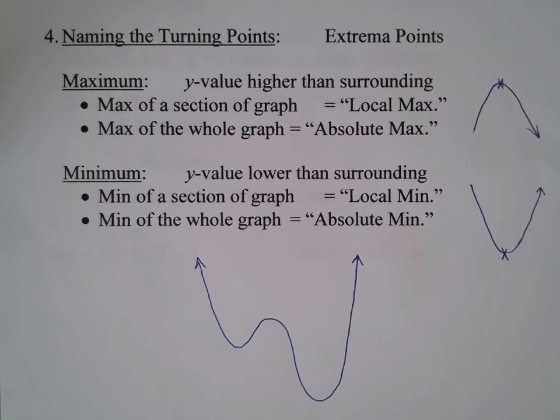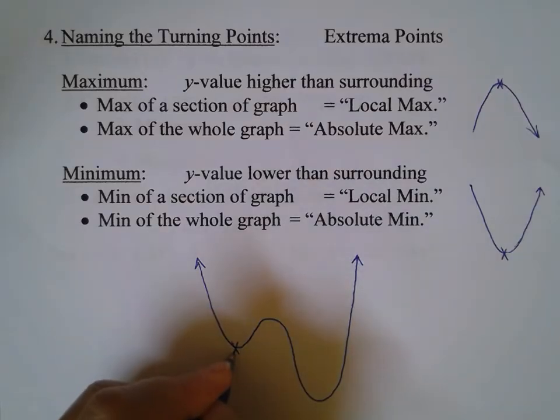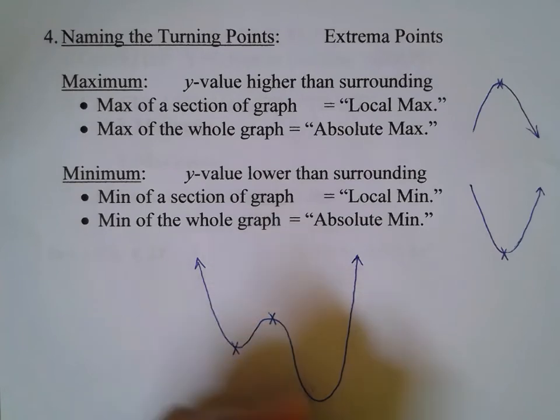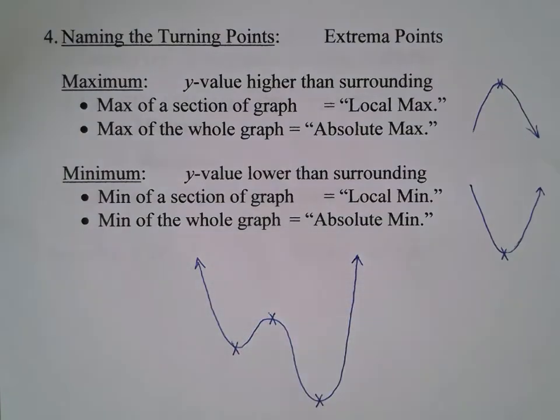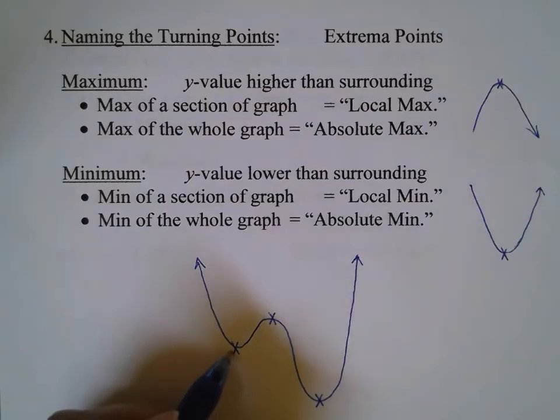Can you pick out where the turning points would be for this curve? There are 3 turning points. There's one right here, one right here, and one right here. So let's label these just so you can get an idea of how to classify them. We'll go from left to right. Let's start with this one.